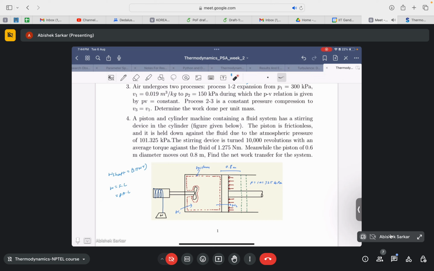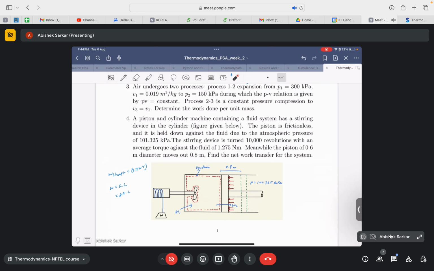So the piston is held down against the fluid. Held down against the fluid. So pressure within the chamber is 101.325 kilopascal. So what it is basically trying to imply is that pressure is balanced inside and outside the piston.